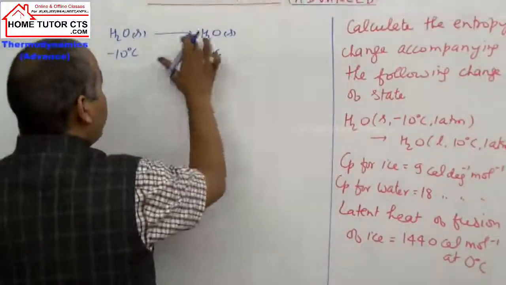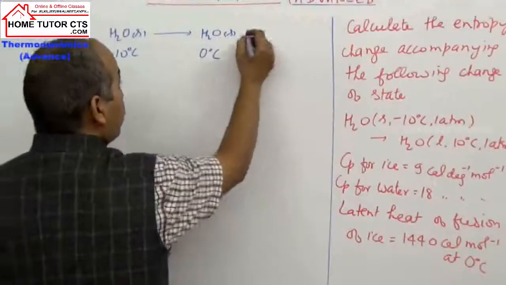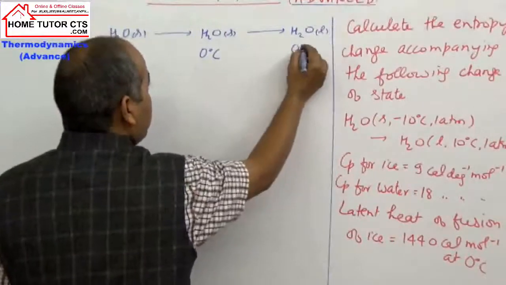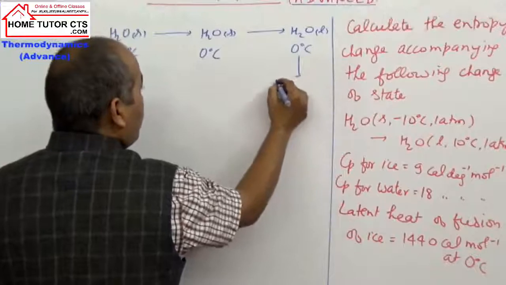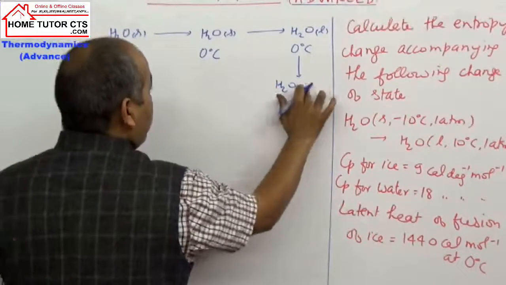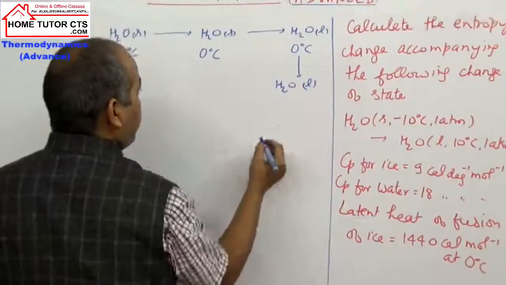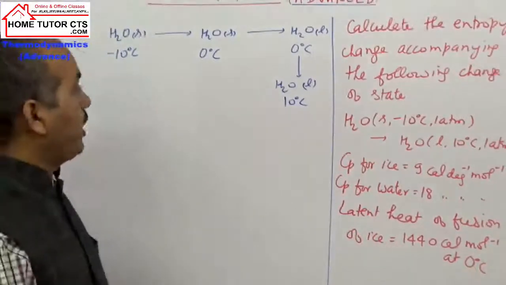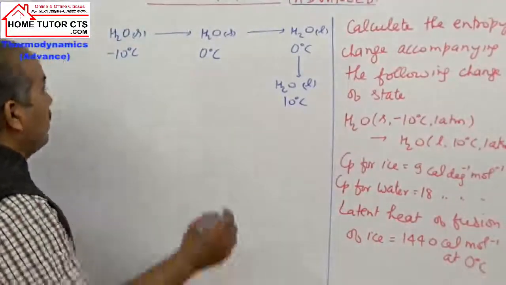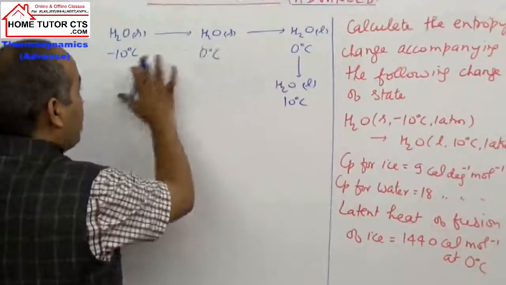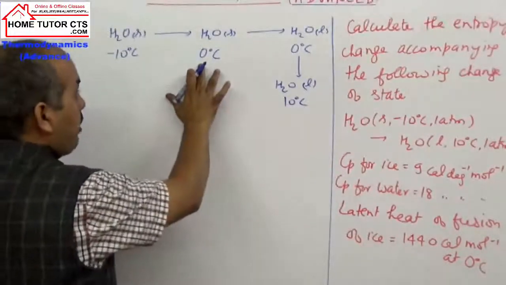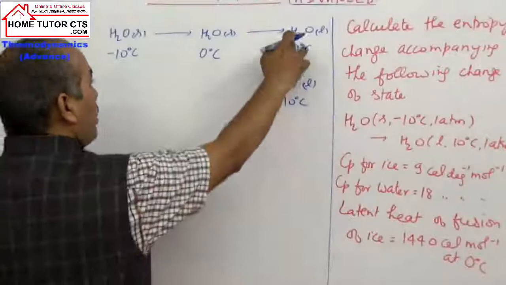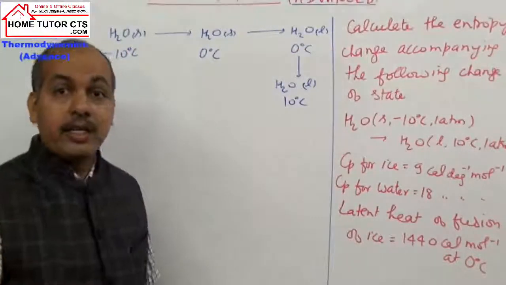So ice is converted to ice at 0 degrees Celsius, and then ice will become liquid water at 0 degrees Celsius, and then it converts to water in the liquid state but at higher temperature, 10 degrees Celsius. So this entire process will take place in 3 steps. Step 1, ice to ice, increasing temperature, then ice to liquid conversion at the same temperature, and then liquid water also rising temperature by 10 degrees Celsius more.